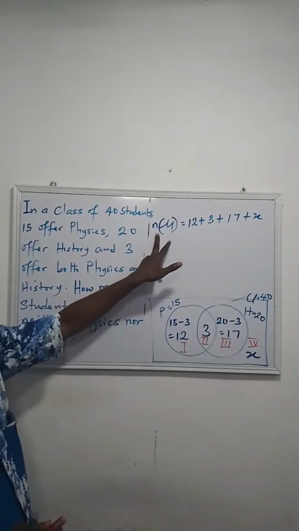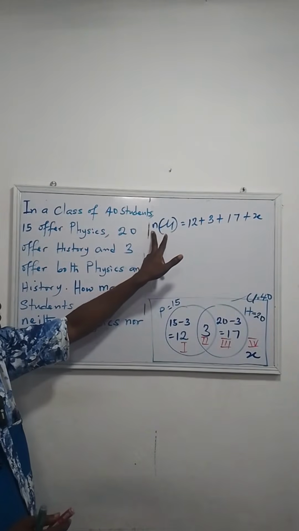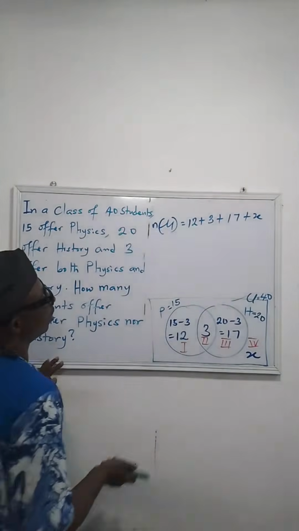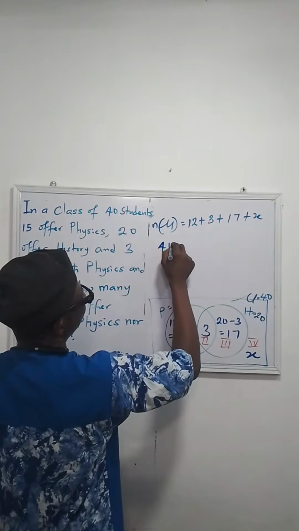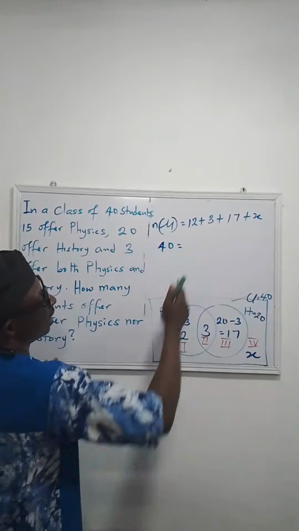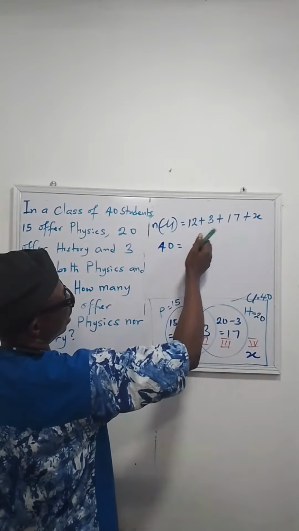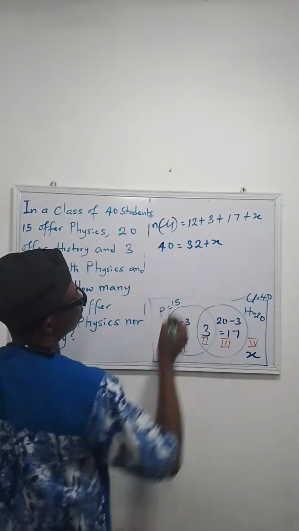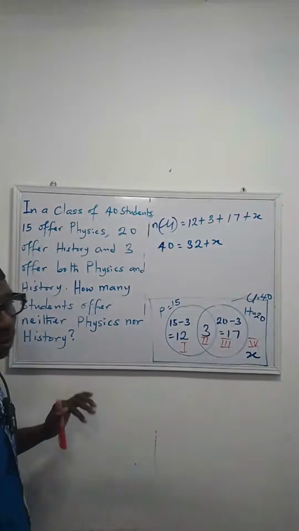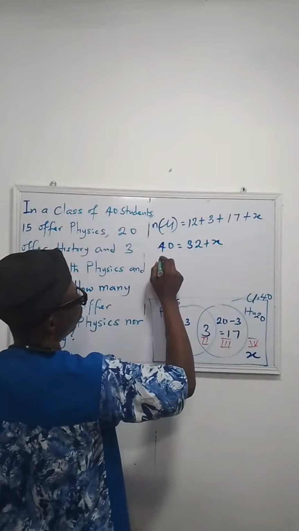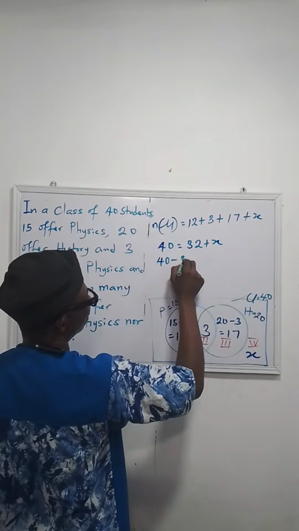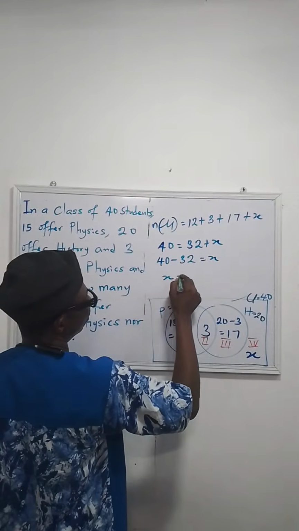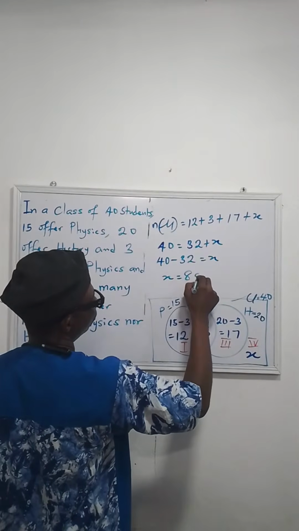Now, the total number of students is what? 40. So let's input that. So we have 40 equals, now let's add this together. That is 32 plus x. All right, so you can transpose 32. So we have 40 minus 32 equals x. So you have x equals 8 students.